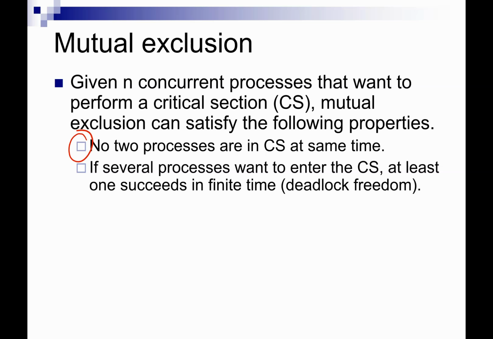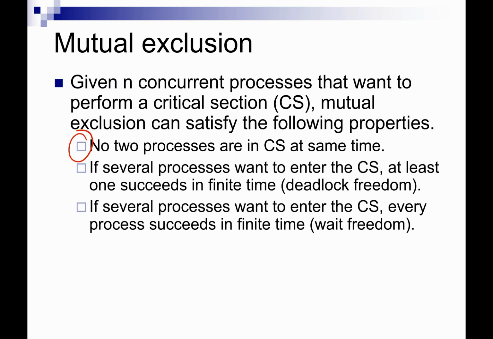These processes need to do some sort of coordination, so they're going to run some algorithm, and it takes some time for one of them to get into the critical section. But eventually, if you have multiple processes that want to enter the critical section, then one of them gets to enter. Likewise, if you just have one process that wants to enter, then of course that process will also get to enter. At least we're not going to have everybody being stuck.